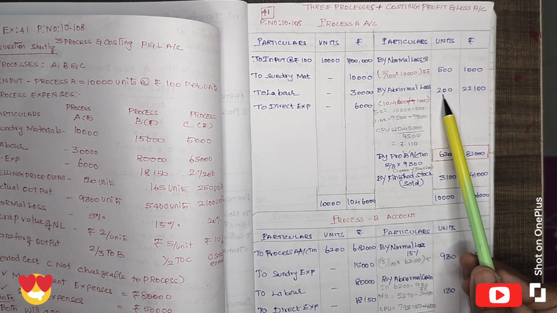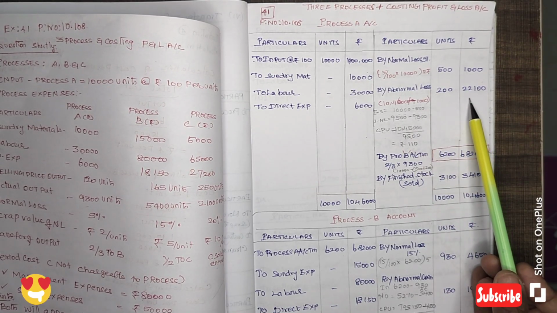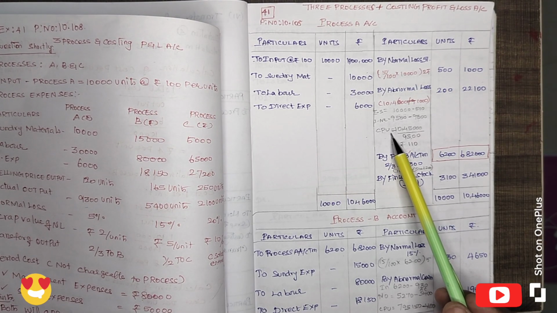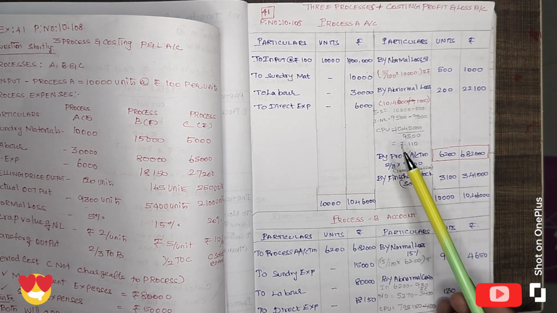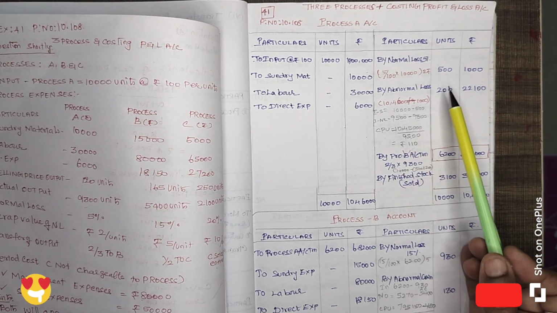Then we need to find out the value of abnormal loss. We have the format to find the cost per unit. It's very simple: total cost minus the scrap value, divided by total input minus normal loss.